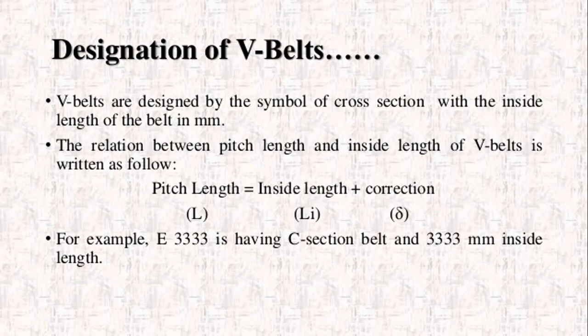Next, we are going to take an example for this designation. For example, E3333 is the E cross section belt having 3333 mm as the inside length. So that is the inside length of the belt drive, and the designation is E3333. That is the coding for the designation of the belt drive.